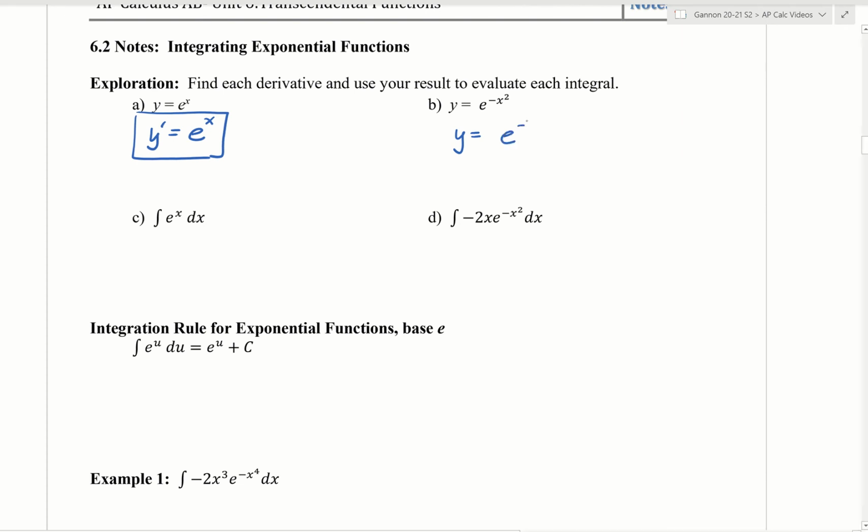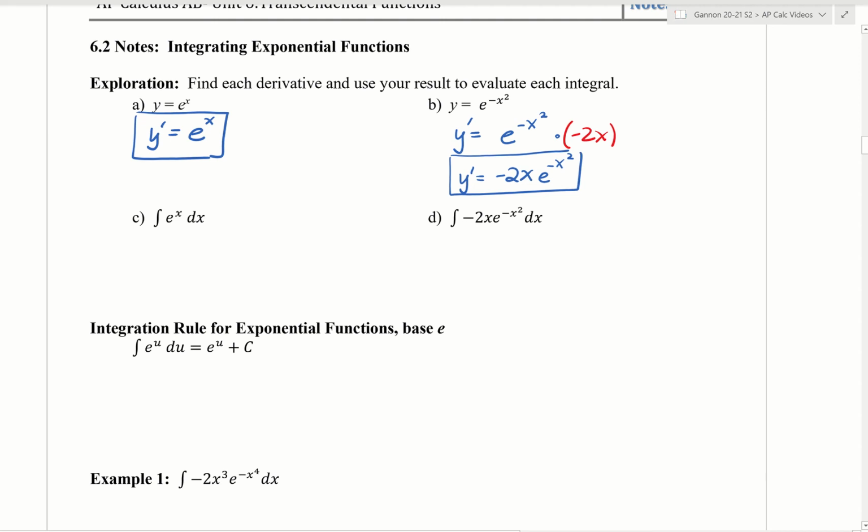So we have e to the negative x squared, and then we multiply by the derivative of that inner function, negative x squared, and that derivative is negative 2x. Typically you're going to see that rearranged, so y prime is negative 2x e to the negative x squared. And that is how that works.